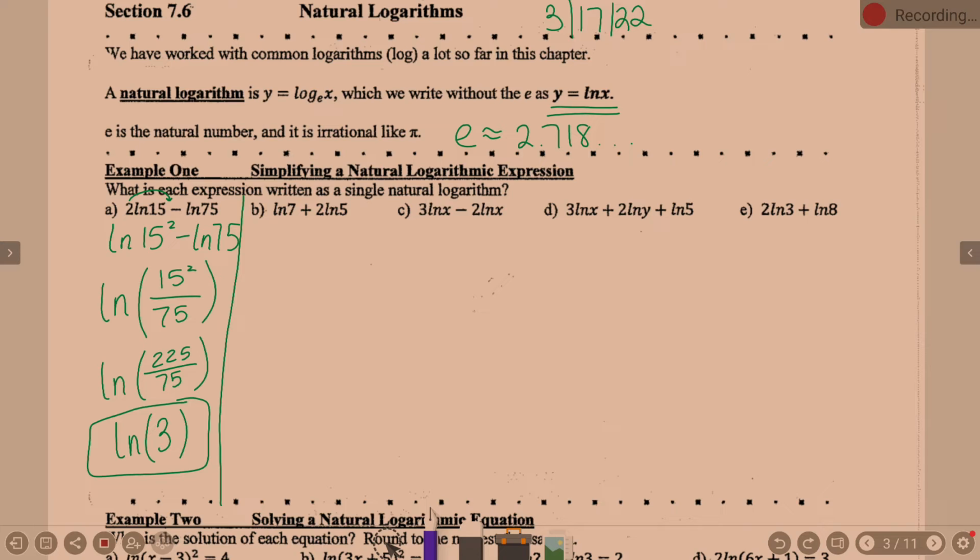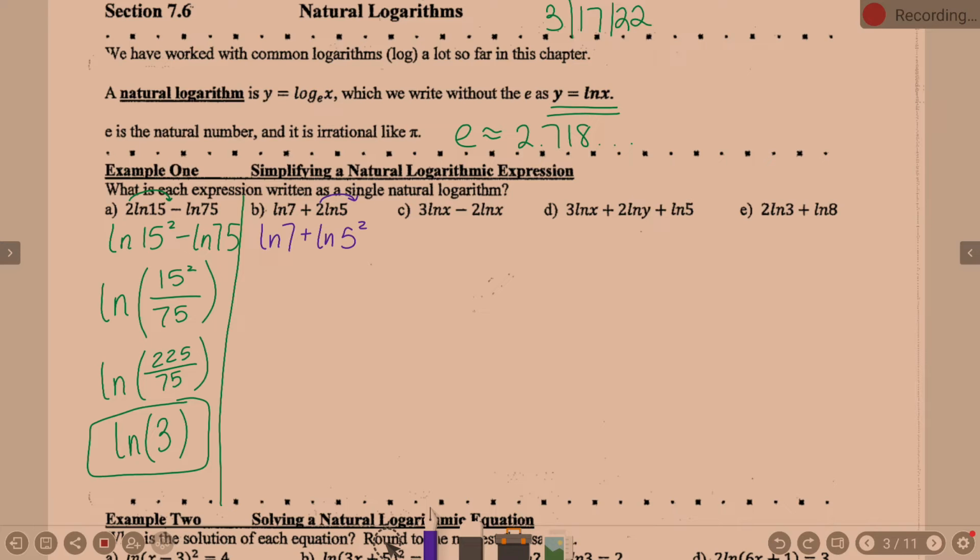Power property. I can't put these together until I have no numbers in front. So this 2 can move up and become a power. So natural log of 7 plus natural log of 5 squared. Now what?